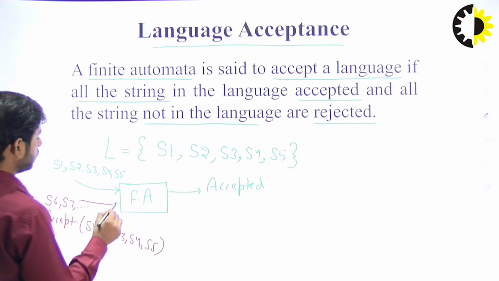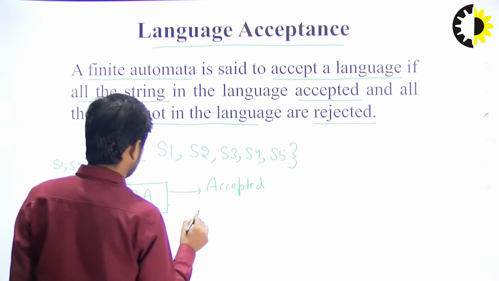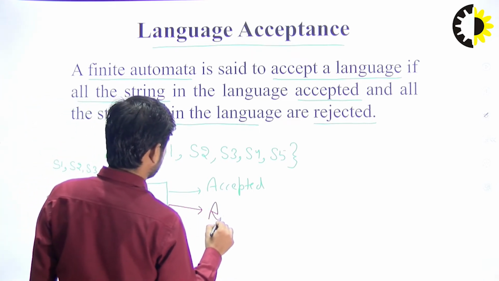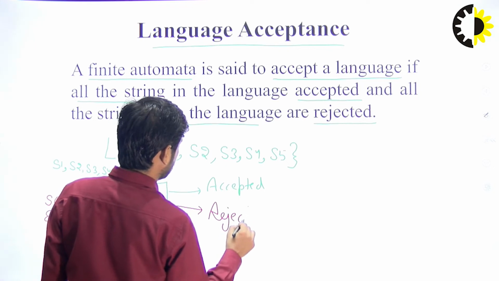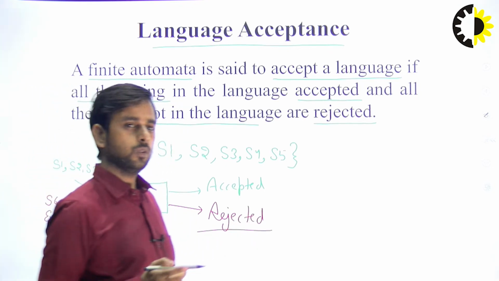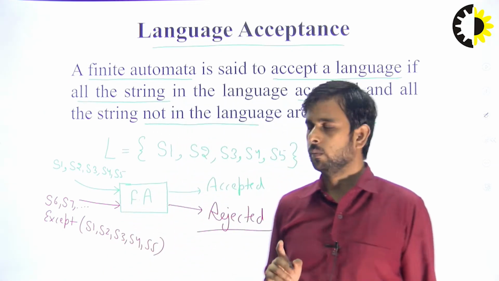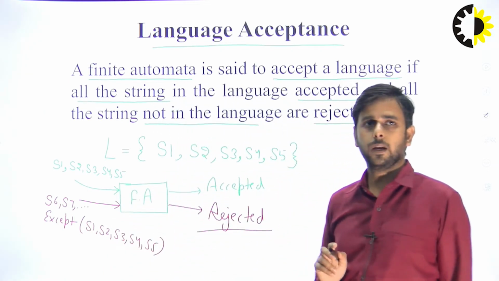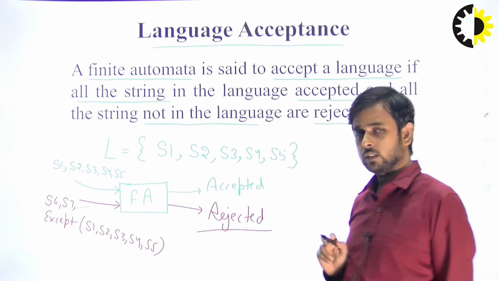If all these strings are given to the finite automata, then all others will be rejected. Those which are not present in the language must be rejected. So this is the language acceptance.